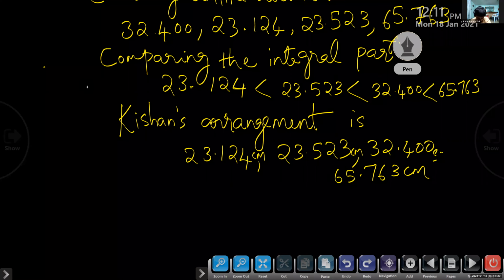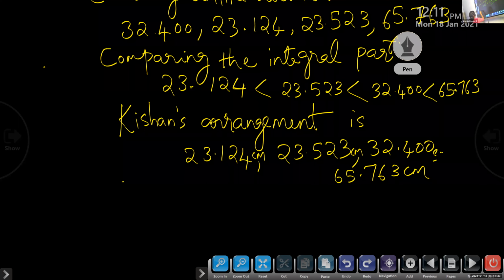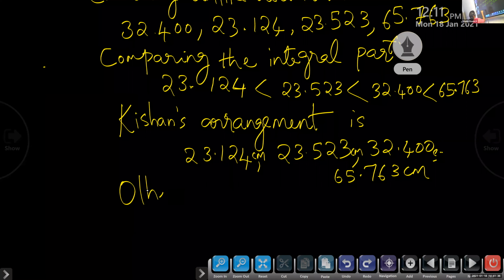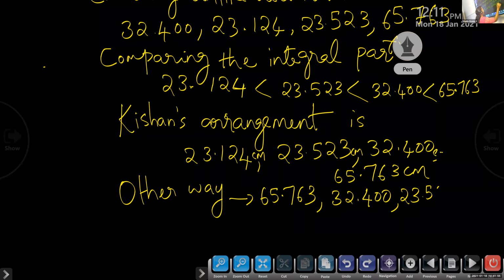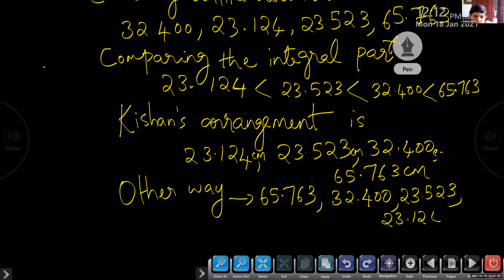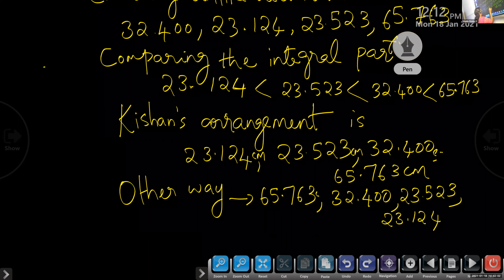Okay, so we can write his arrangement in another way. Ma'am, I wrote shortest to the longest and longest to the shortest. That also no problem. All these centimeter.